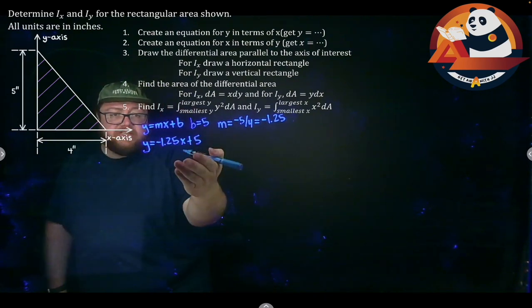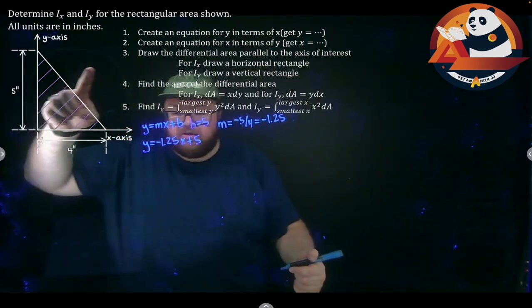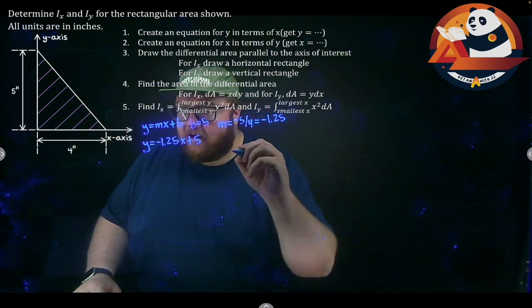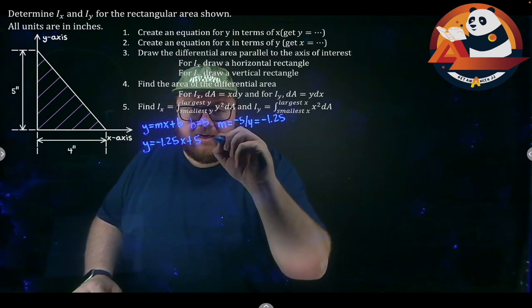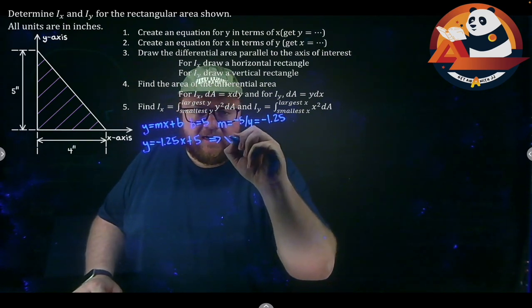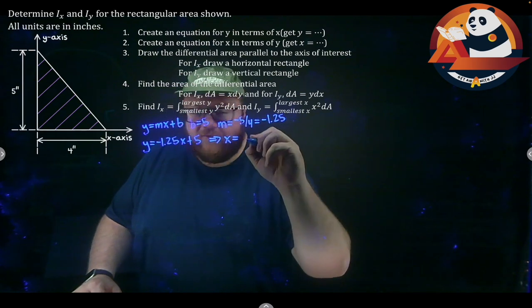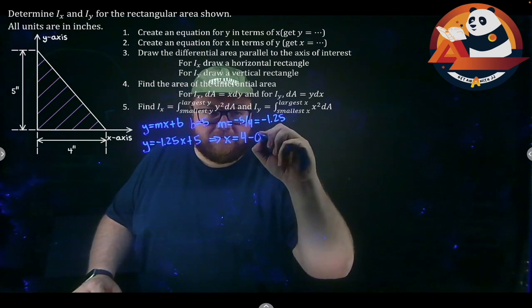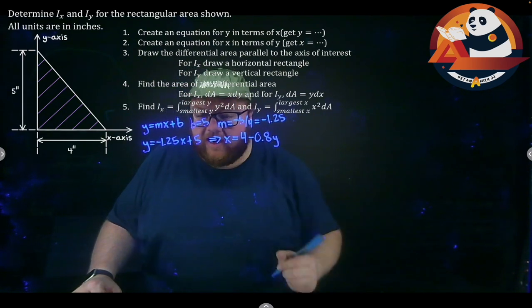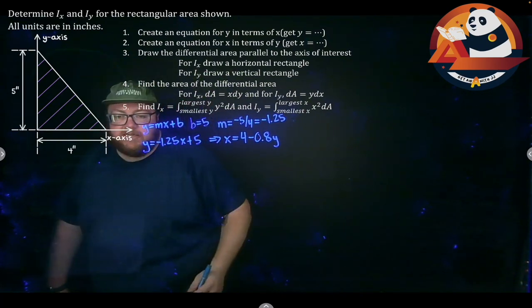Or I could rearrange that and solve for x, and I get my x equals, which is my second step in here. Rearranging that, this is going to give us that x equals 4 minus 0.8y, which would be our second equation here.